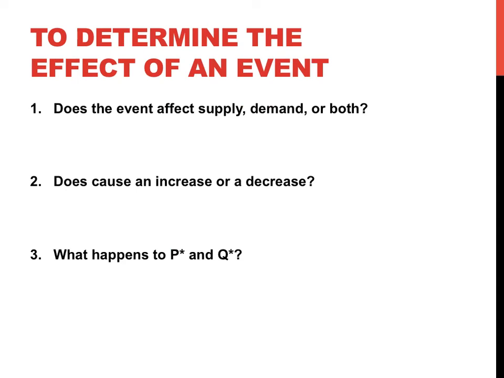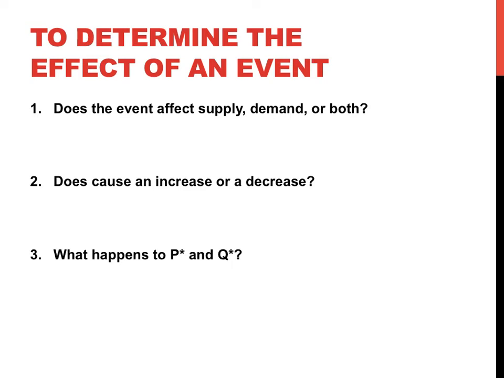So one way that we use models in economics is to make predictions. So we're going to be using this model of demand and supply to make predictions about how different events or factors might affect markets.